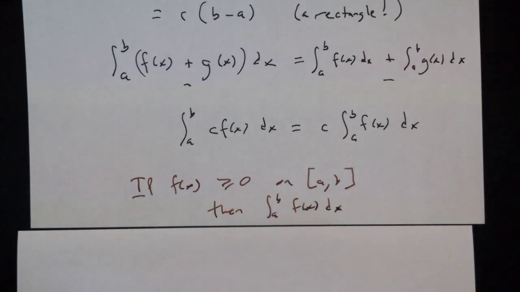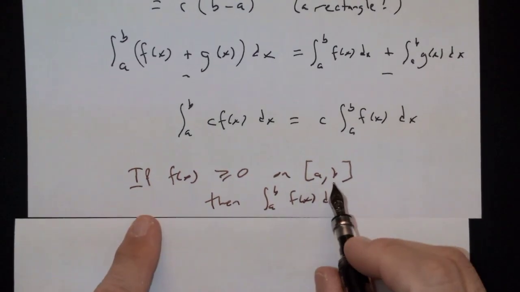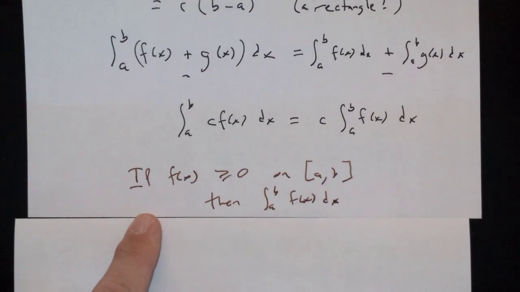This says that my graph is always above the x-axis, which means all of the y values for my little rectangles are going to be positive numbers. My area is going to give me something positive, because A is smaller than B in this setup.